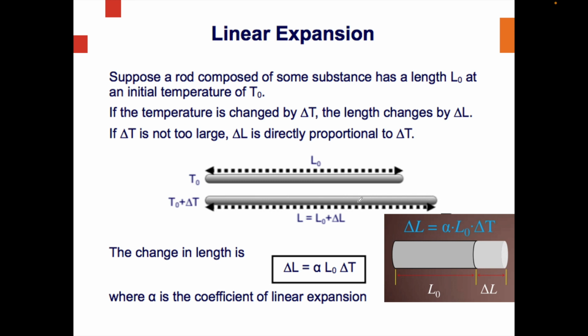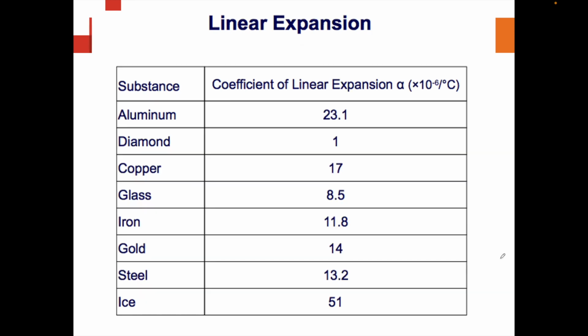The change in length can be found by taking the coefficient of expansion, which basically is the strength of the metal, multiplying that by the starting length, and multiplying that by the change of temperature. You multiply them all together and you will figure out how much bigger this object has gotten.